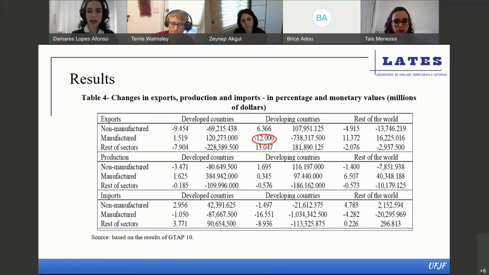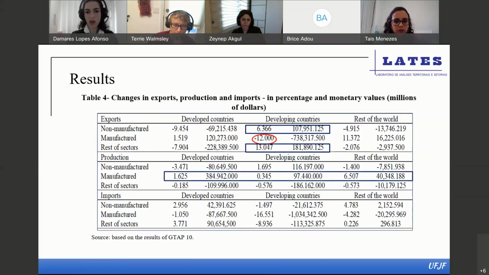And the other exports of developing countries in non-manufacturing sector and the rest of the sector increased. Because of the rise in import price of manufacturing sectors, the regions have an incentive for substitution of imports in the sector for domestic production, which was higher in developed countries.